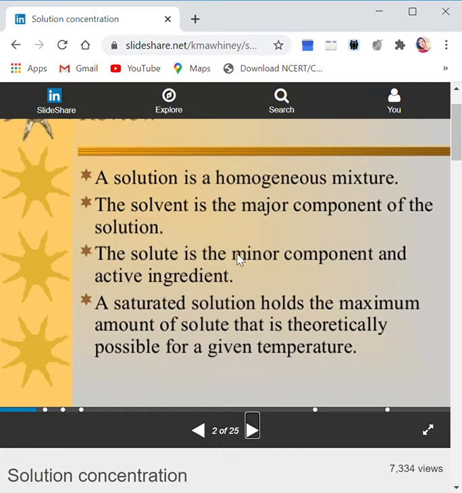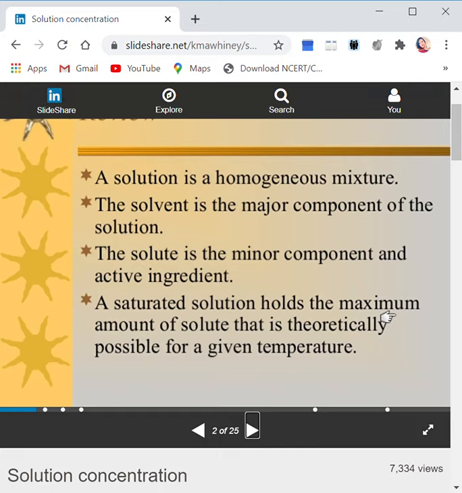6 spoons of salt in water, you will say that, ma'am, after 4 spoons, the fifth spoon is not getting dissolved. Why? Because the maximum limit of that solvent is only 4 spoons. That means that solvent can dissolve only 4 spoons of salt in it.